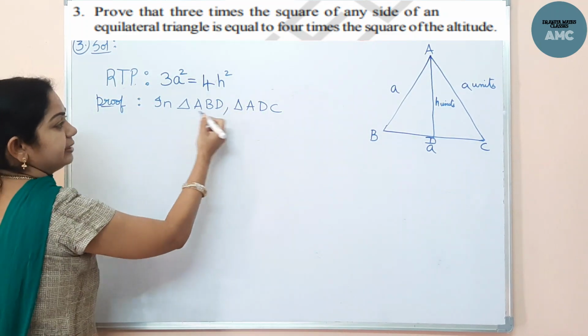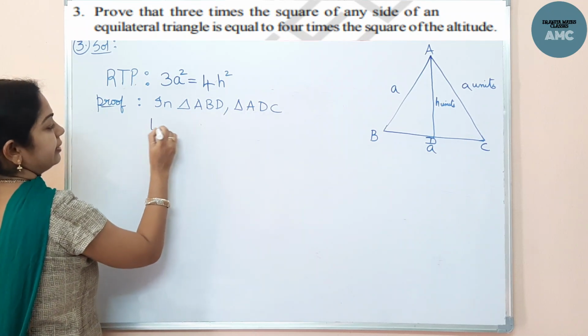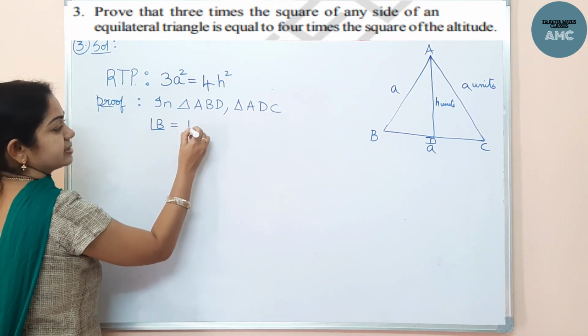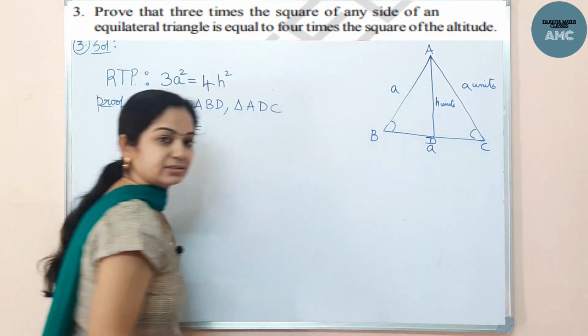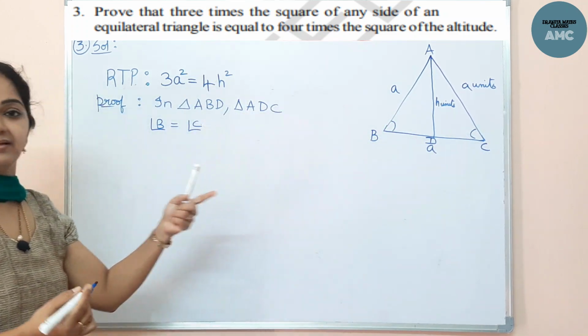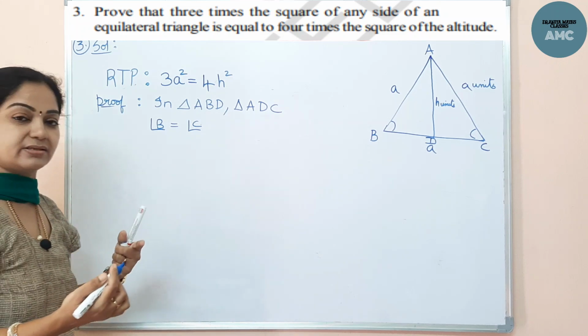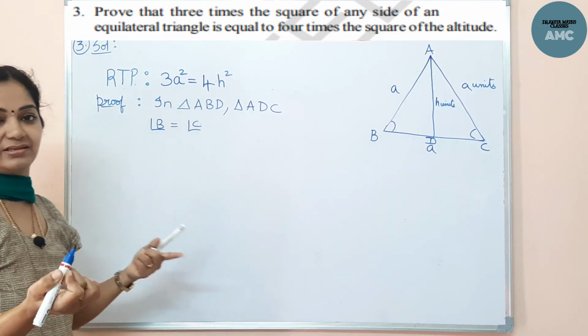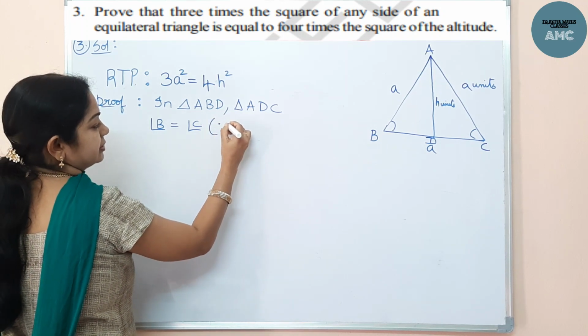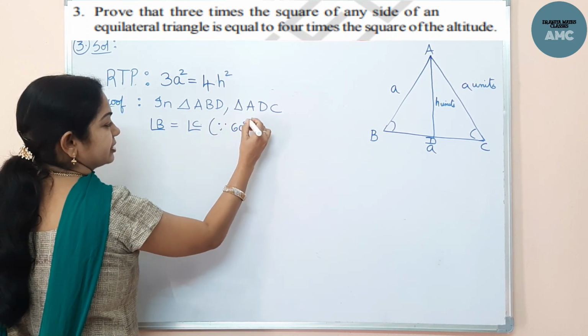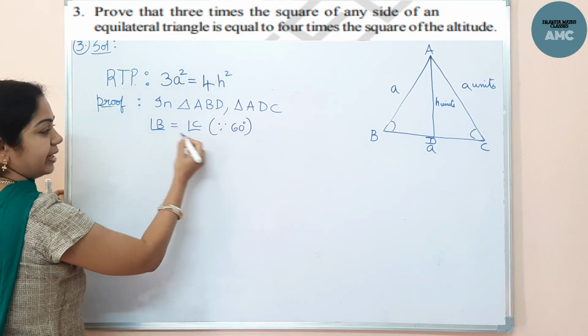And in these two triangles, angle B is equal to angle C. Why? Because the triangle is an equilateral triangle. In an equilateral triangle, all the angles are 60 degrees. So one angle I've equated since it is equilateral, 60 degrees you can mention. One angle is equal.